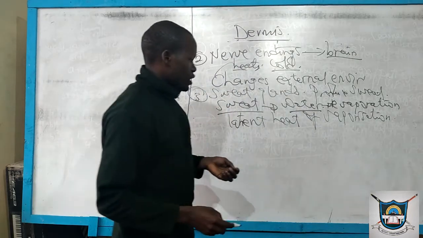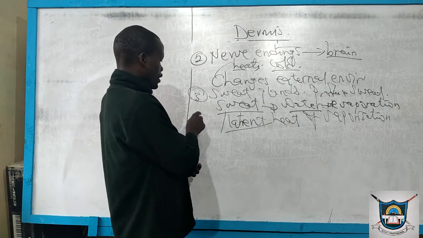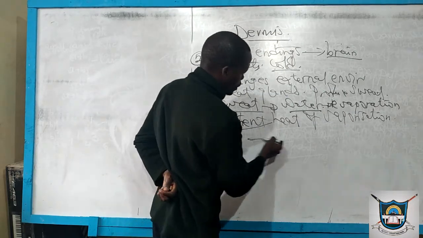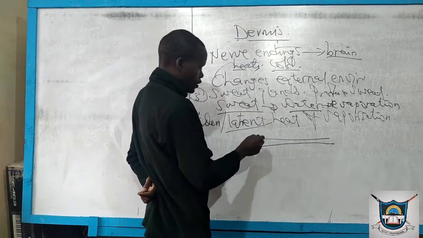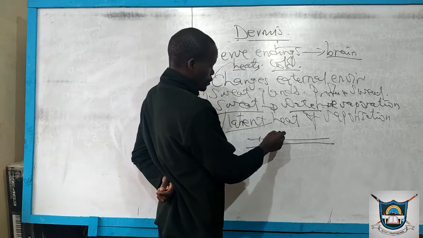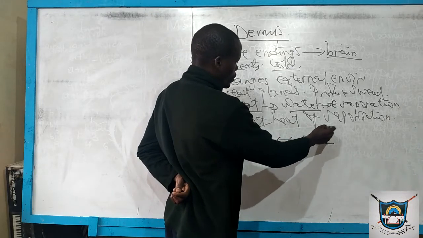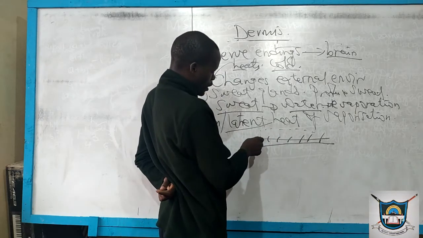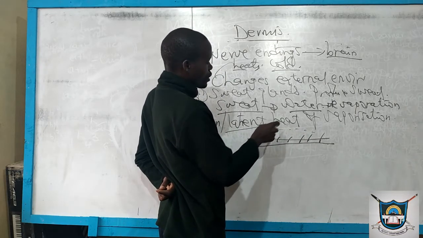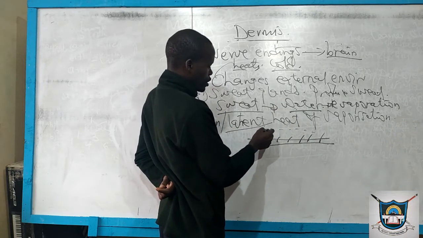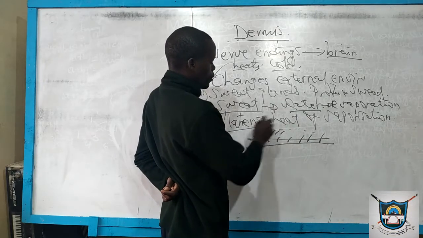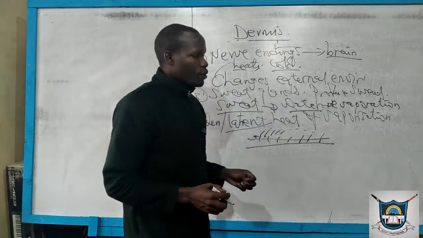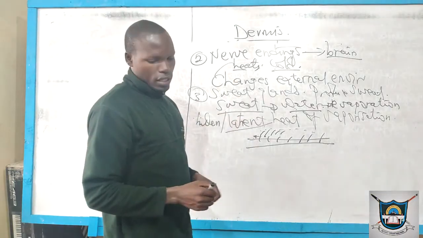The latent heat of vaporization, latent heat, is something which is hidden. Now, within the skin, taking for instance, this is our skin. Then there is the sweat which is coming out. As this sweat evaporates, there is the latent heat which is in this water. As it evaporates, all this latent heat of vaporization is taken away, and it is after this heat has been removed that the cooling effect of the body is achieved.